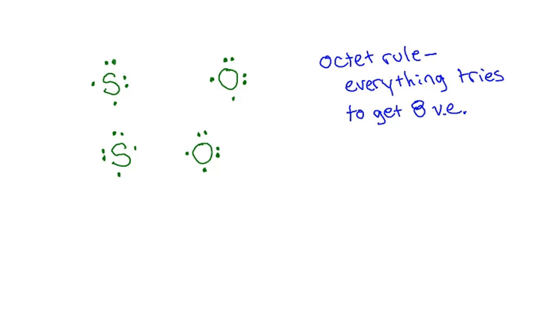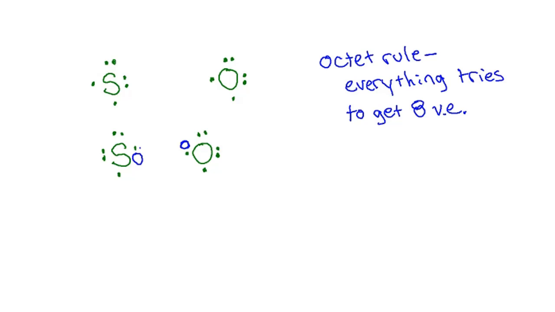We're not worried about how many electrons these elements have in total. We're just worried about how many electrons are in the outer shell, or the outer energy layer. So if you look at this, there's a dot missing right here, and there's a dot missing right here, because 8 electrons would have 2 dots on all 4 sides, right? So there's a dot missing right there, there's a dot missing right there.